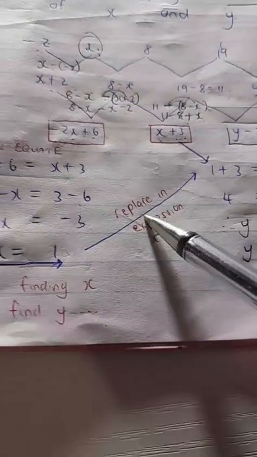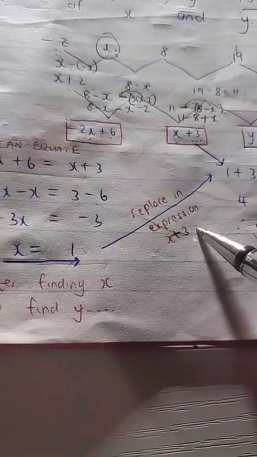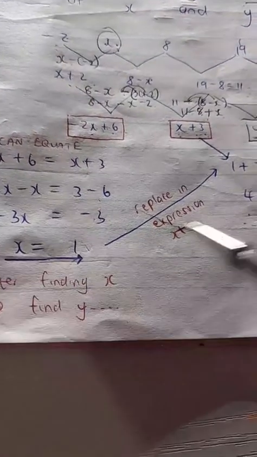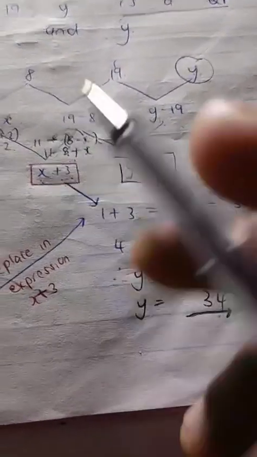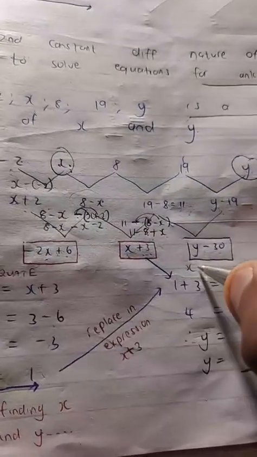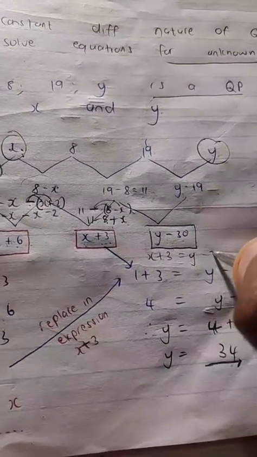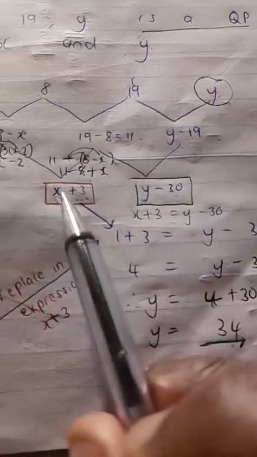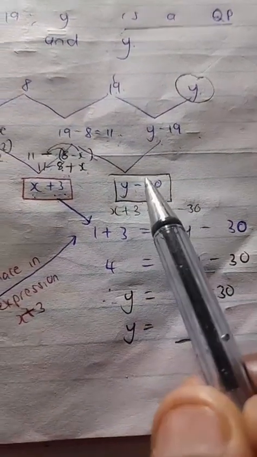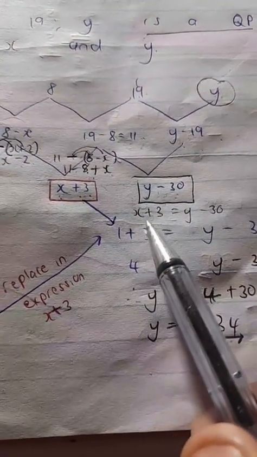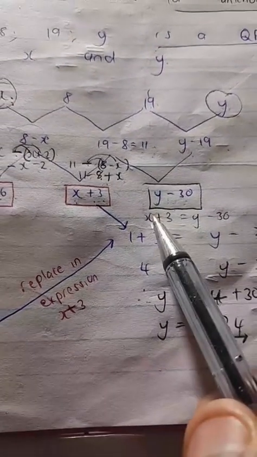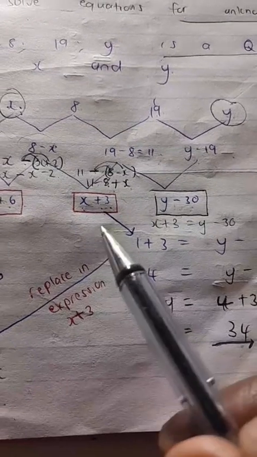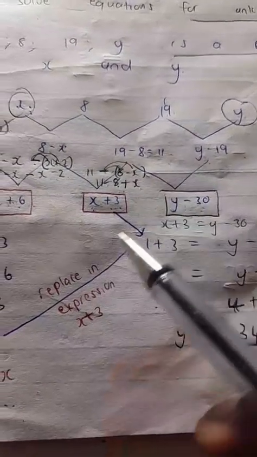We can take x plus 3 and equate it to y minus 30. Why? Because we already have the value of x. We can now do that, but only now, as something we can do after finding x.